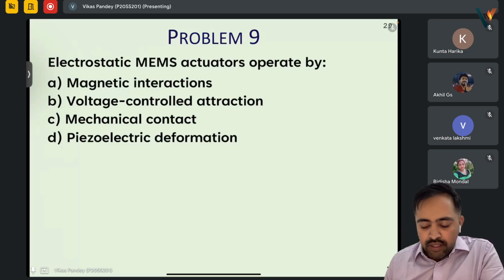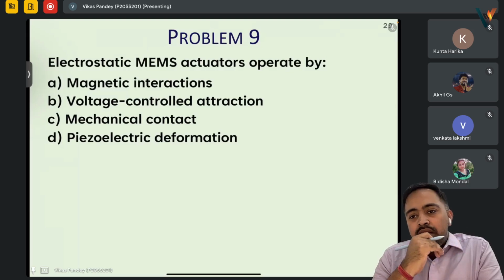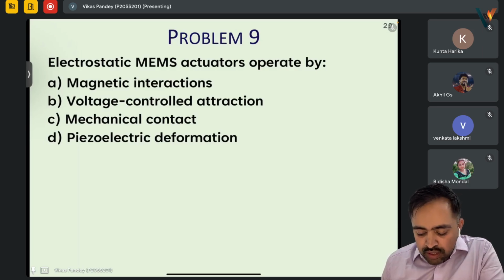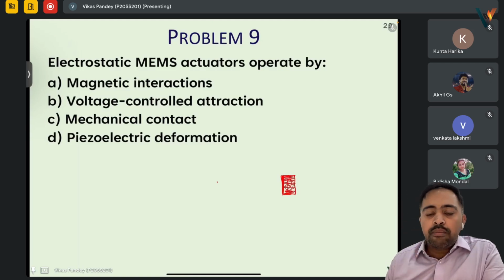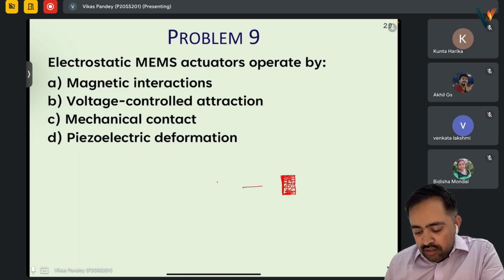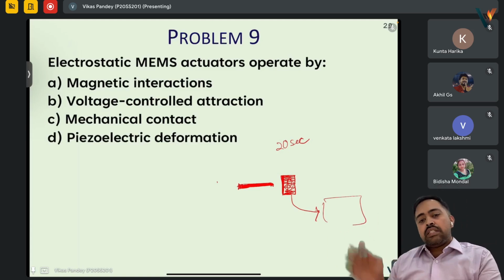Suppose that we are making a mechanism that will, after some time or some voltage, do some work. Suppose we want the structure to be hit by another structure after every 20 seconds, so that some current will flow through it after every 20 seconds and some other work has to be done. So let's take a macro system.